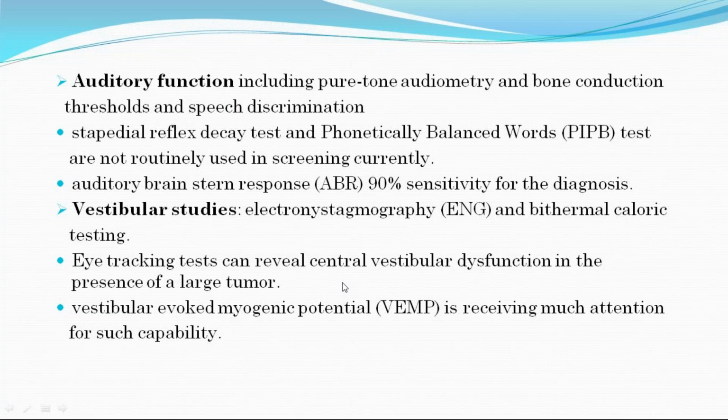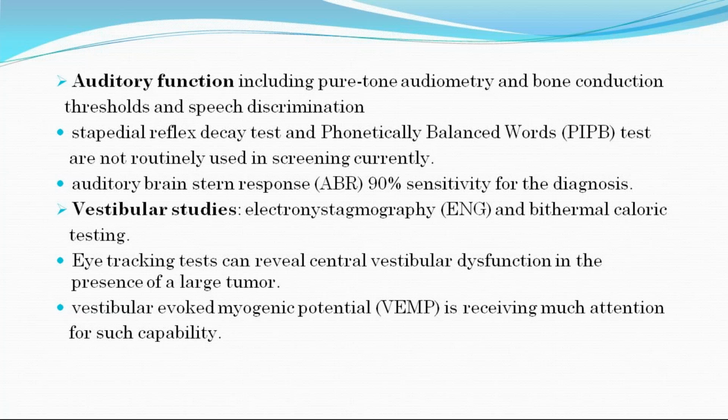Now, auditory function. Mostly what we do is a pure tone audiometry, and also a speech discrimination score. Based on that, they have categorized into 4 groups. Group A, where the pure tone audiometry loss is less than 30 decibel and the speech discrimination score is more than 70%.